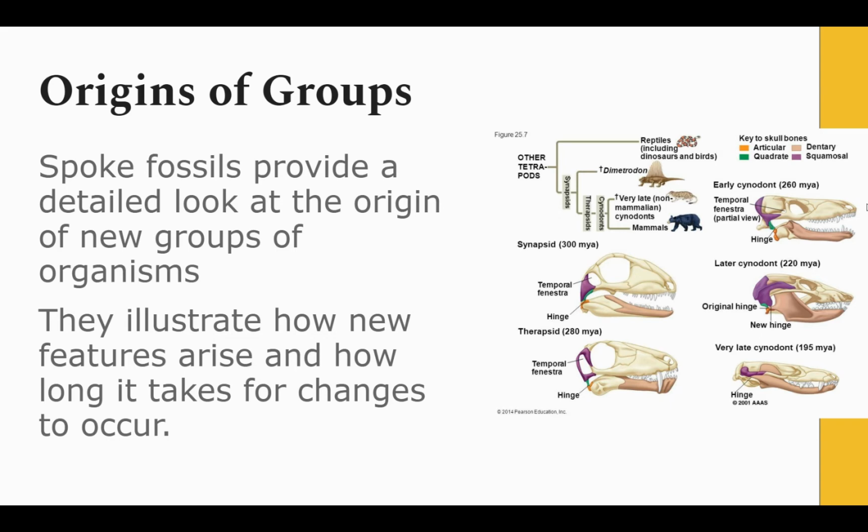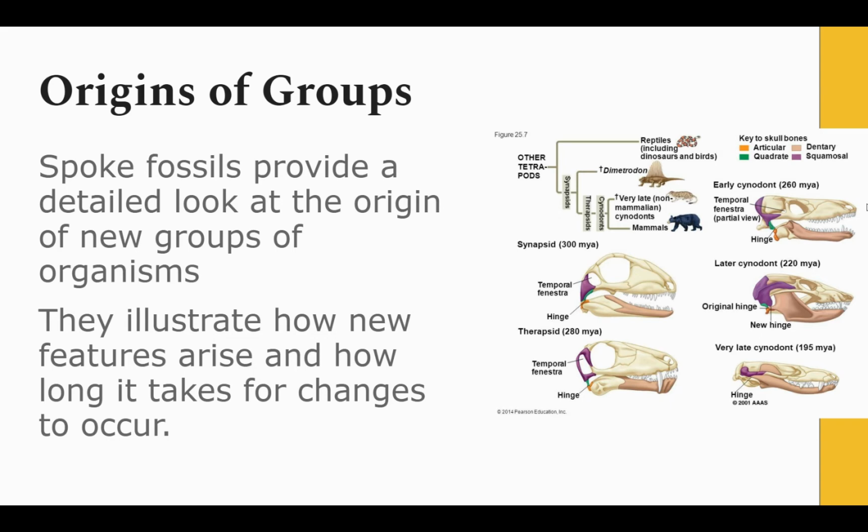The example your book gives is with mammals and the development of the jawbone, right? So mammals have a different jawbone than other groups of organisms, right? If you look at a snake's jaw or a fish's jaw, it's not going to look like the hinge system that we have or that other primates or animals have.